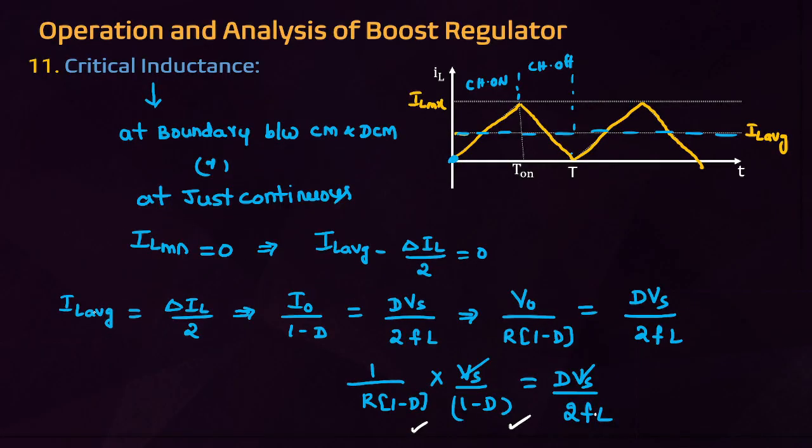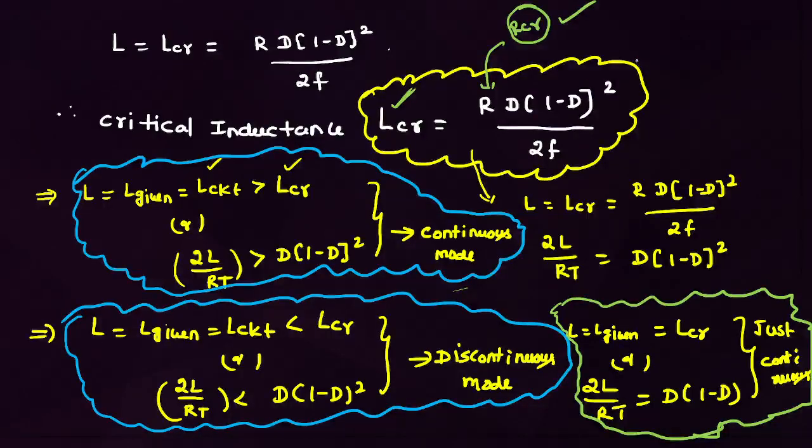For the critical inductance formula in the case of a boost regulator or step-up chopper, the critical inductance LCR equals R into D into (1 minus D) whole square by 2F. Very, very important 5-star formula. R into D into (1 minus D) whole square by 2F, students.